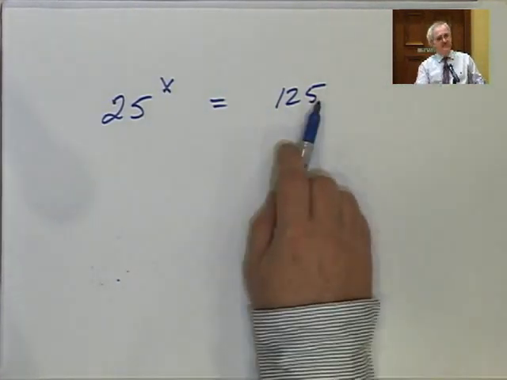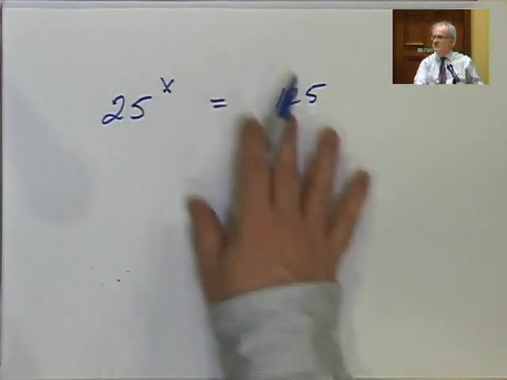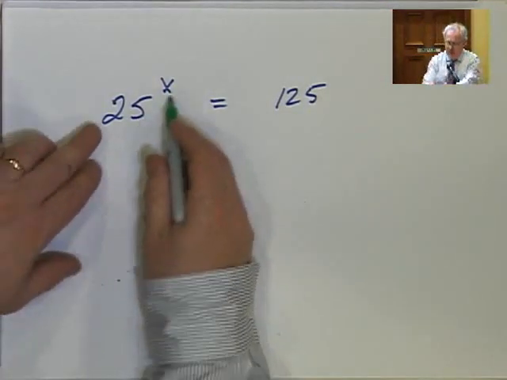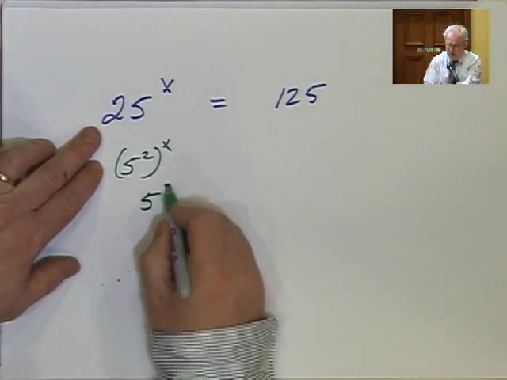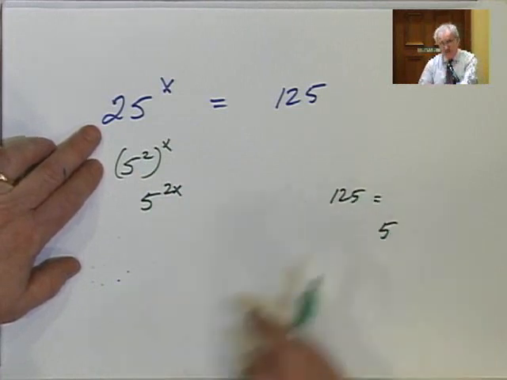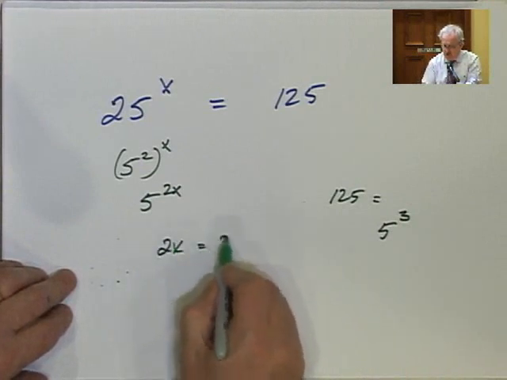25 to the 1 is 25. 25 to the 2 is 625. What's this? And in your head, they'd expect you to say, well, 25 to the x is really 5 squared to the x, which is really 5 to the 2x. 125 is basically 5 to the 3. 2x is 3.